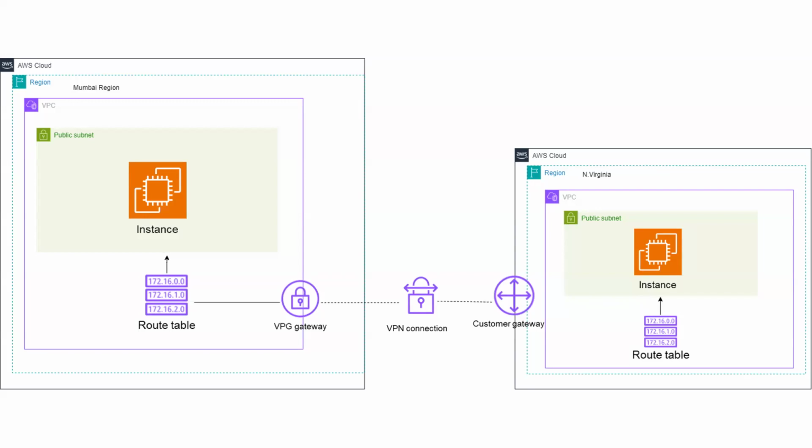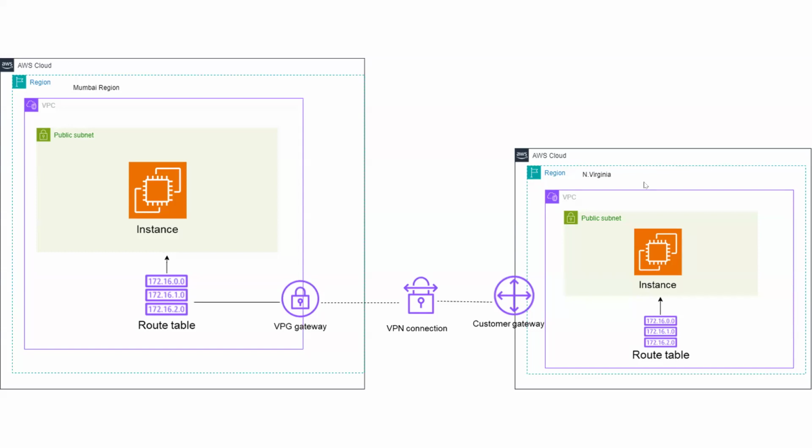This means that traffic originating from the instance in the Mumbai subnet will traverse the secure VPN tunnel to reach the internet. And the route table created in the North Virginia region is configured to utilize the internet gateway to route traffic to the internet. So traffic originating from the instance in the North Virginia subnet will use the standard internet gateway for internet access.